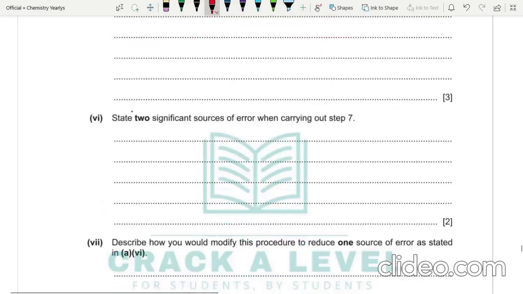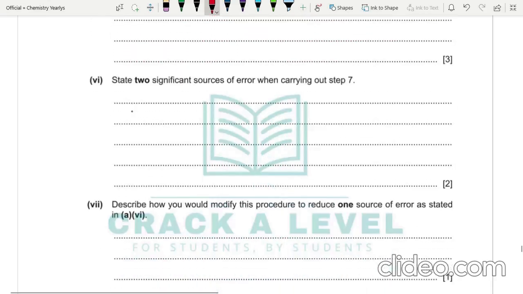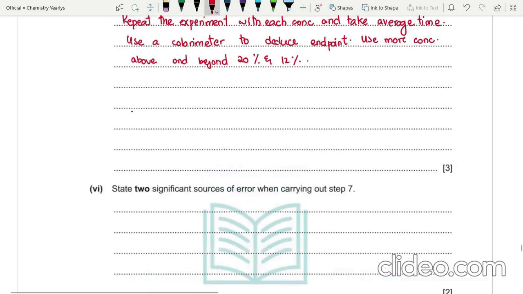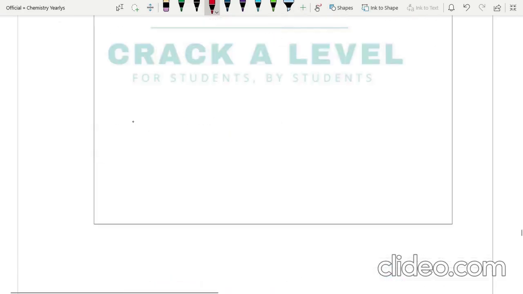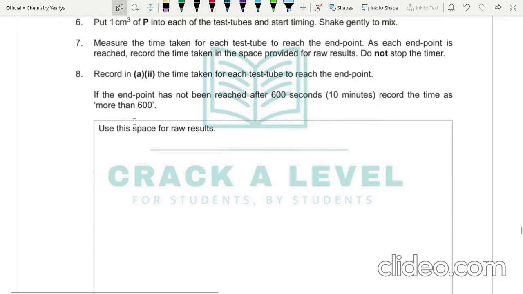So state two significant sources of error when carrying out step 7. So what could be step 7? Let me just check. Step 7 is measure the time taken for each test tube to reach the endpoint.